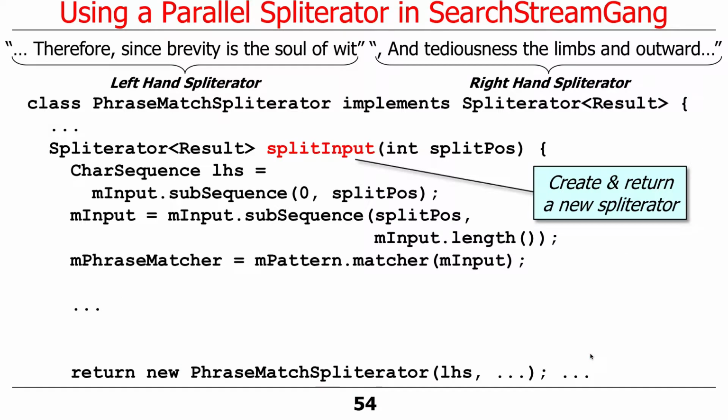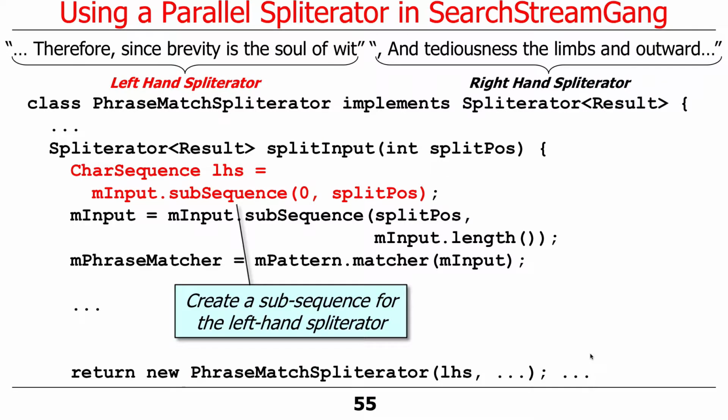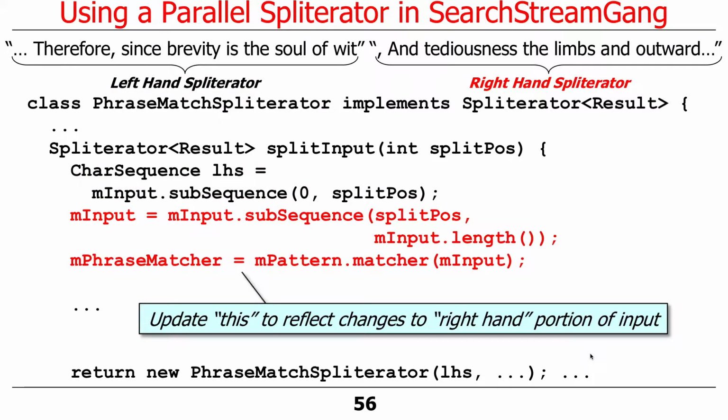So here's split input. This creates and returns a new spliterator. You can see it makes a left-hand side, which is the subsequence from 0 to the split pause, right here. Then we update the right-hand side: we update ourselves to be everything from the split pause to the end of the string. So now we've got a left-hand side and a right-hand side, the right-hand side being ourselves.